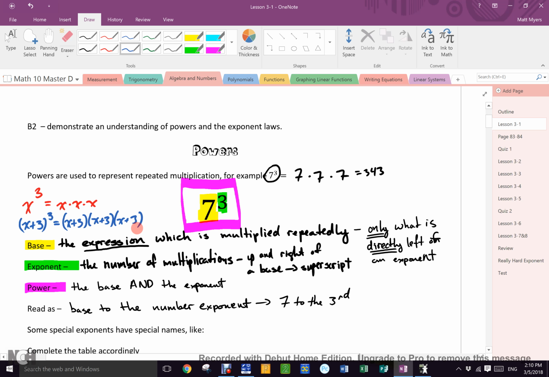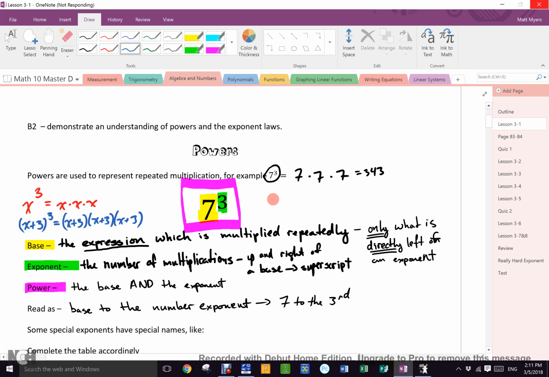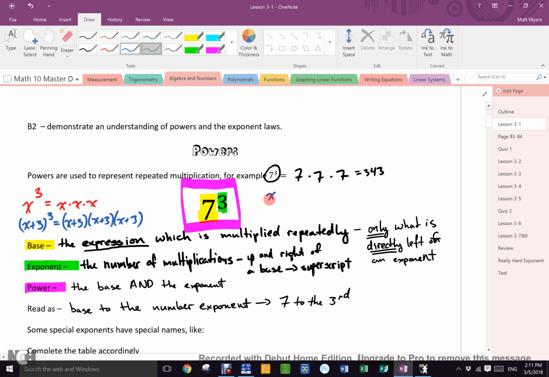Lovely. Now, what is this one? X plus 3 cubed.